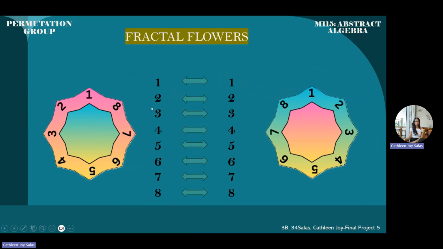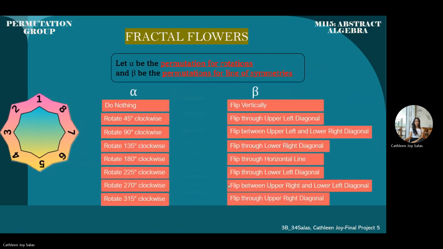So 1 is to 1, 2 is to 2, 3 is to 3, 4 is to 4, 5 is to 5, 6 is to 6, 7 is to 7, and 8 is to 8. Let alpha be the permutation for rotations, which is this one, and let beta be the permutation for lines of symmetries.